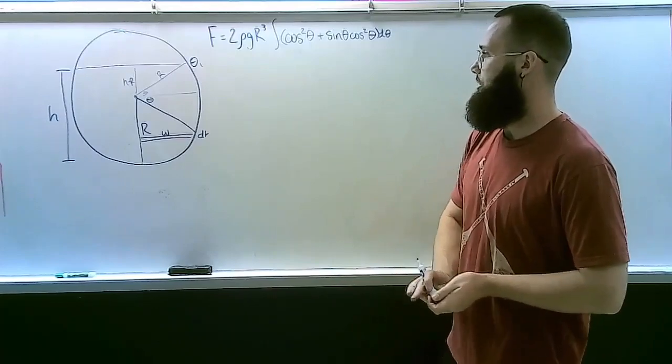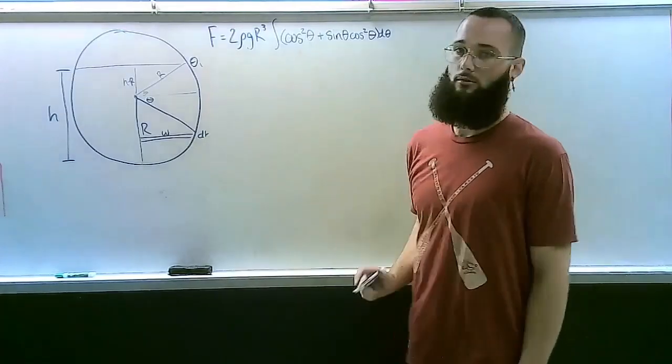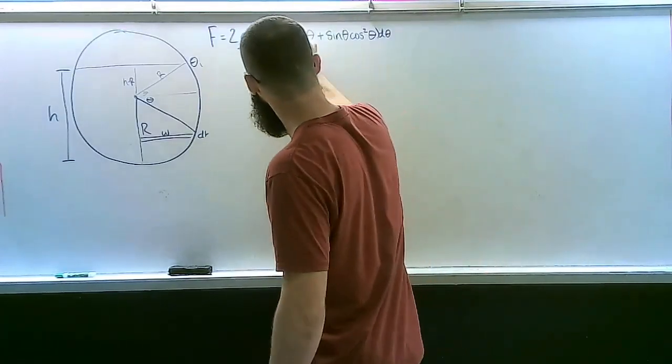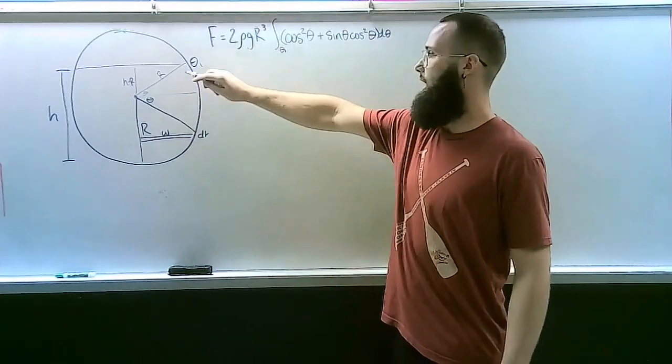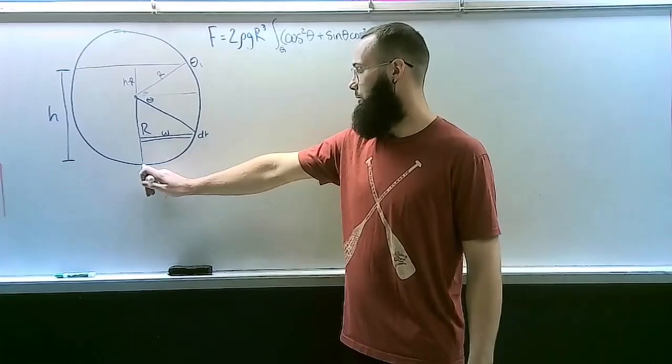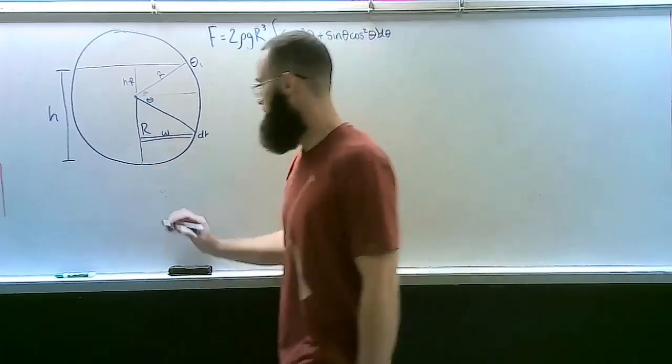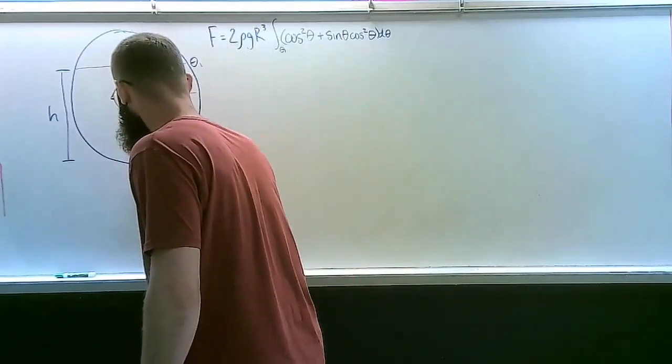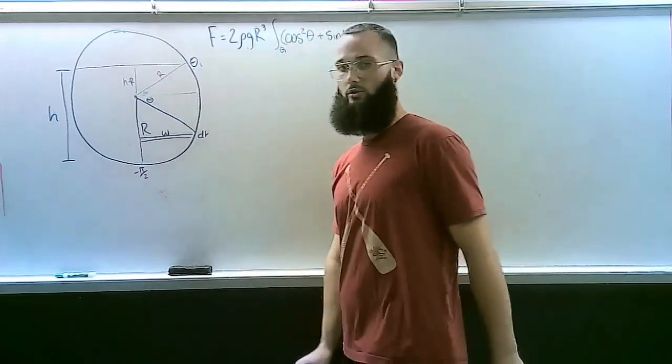So our lower limit of integration is going to be theta 1. This is because this is where the height of the fluid is at its maximum. And our upper limit of integration is going to be where the height of the fluid is at its minimum, which is going to be negative pi over 2.